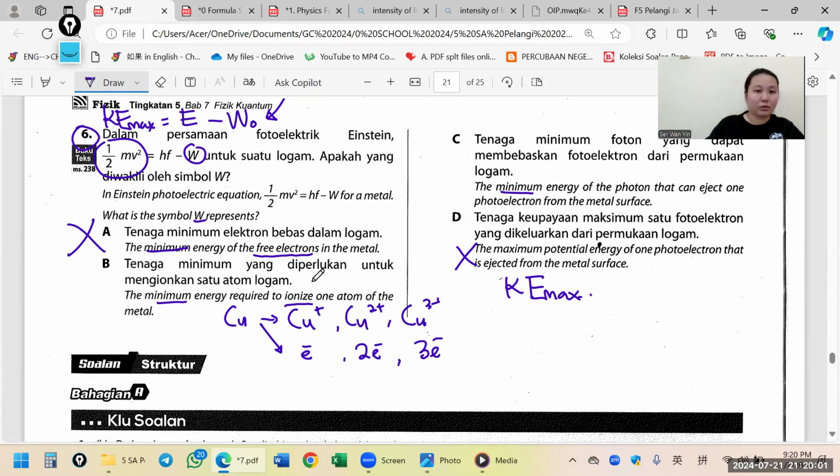So ionize is not suitable, so the answer would be C. A photon can eject just one photoelectron, but ionize could be 1, 2, or 3 electrons.